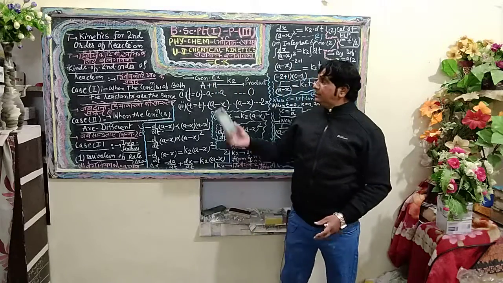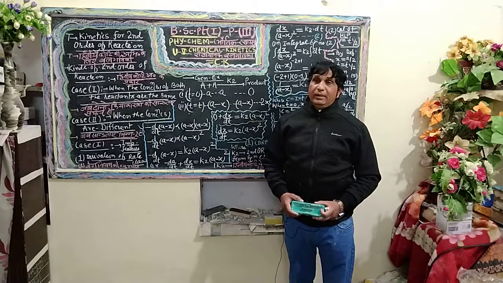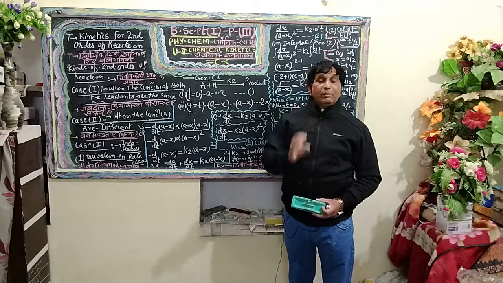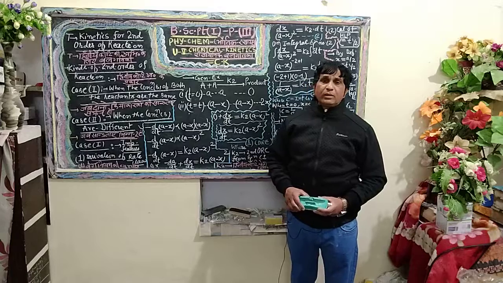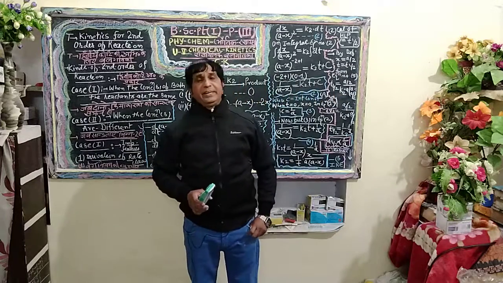The second postulate under chemical kinetics is explained by graphical representation. The third postulate was mainly concerned with calculating the value of half-life periods.